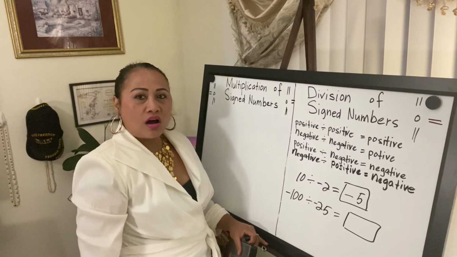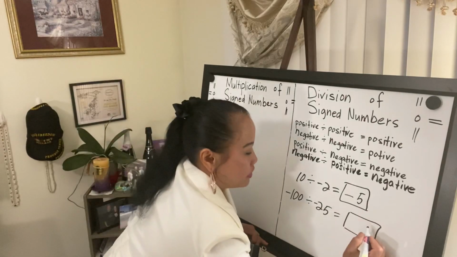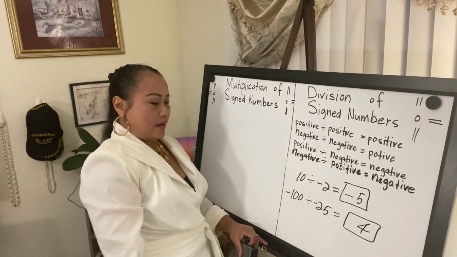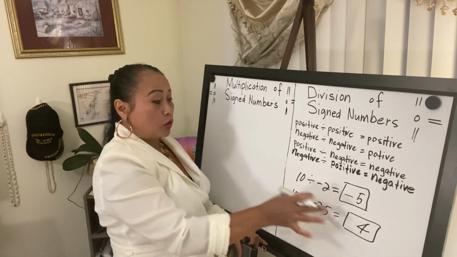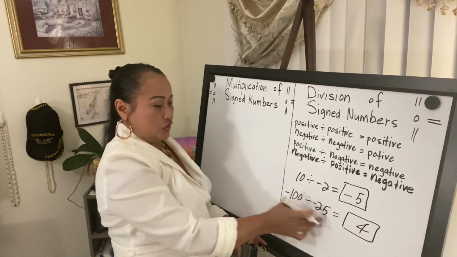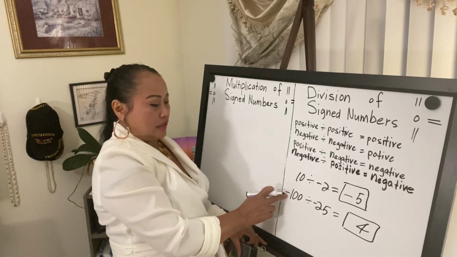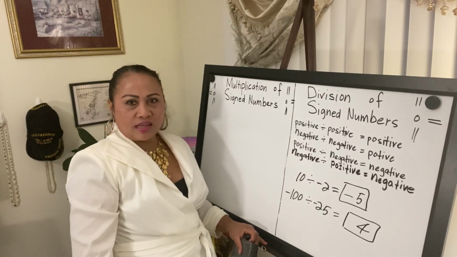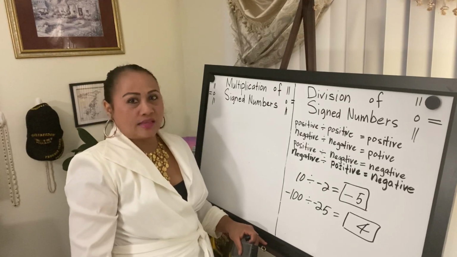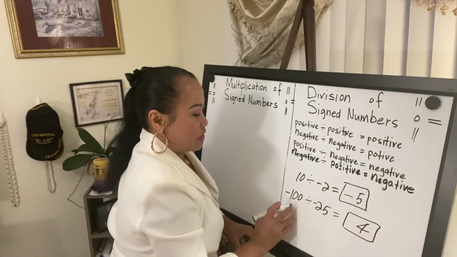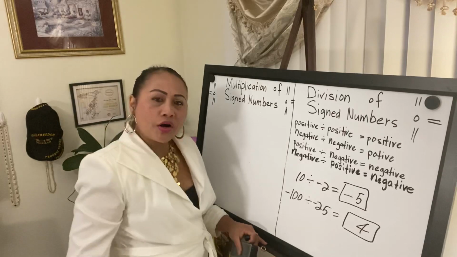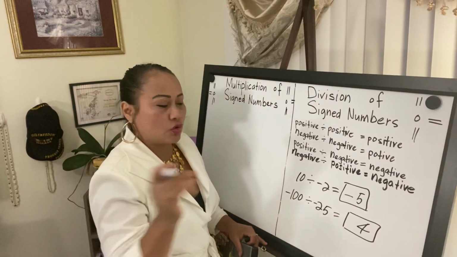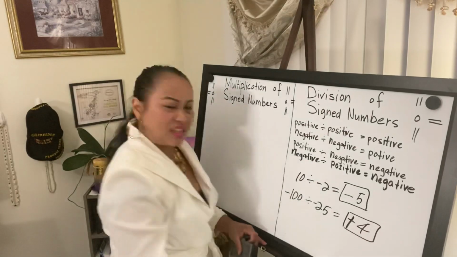So there are 4. Now look at the signs after you divide these two integers. So, negative, negative. Remember, like signs is always positive. So the answer is positive 4. Sometimes the students will write positive 4, but that's correct.